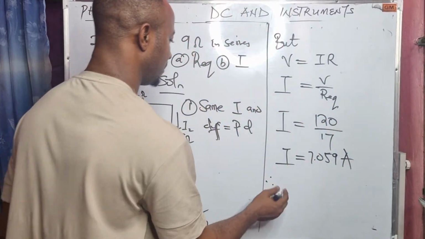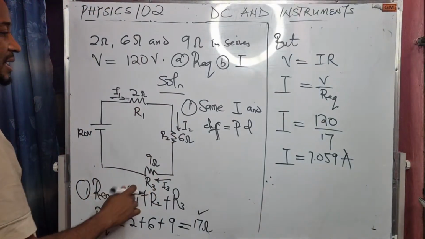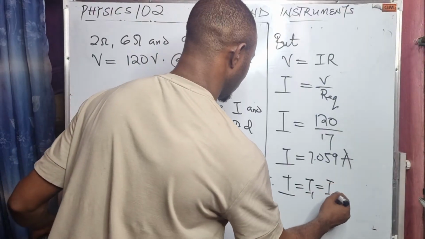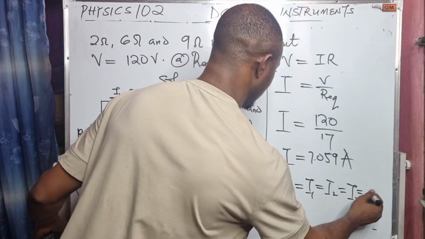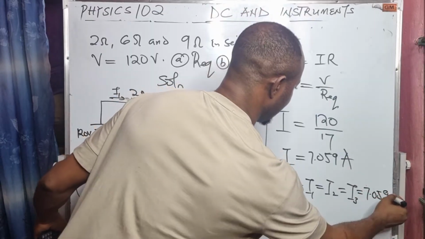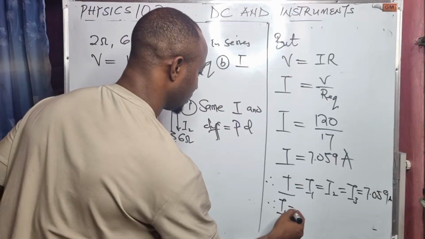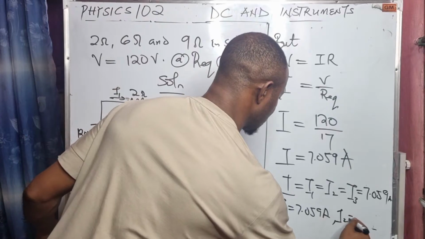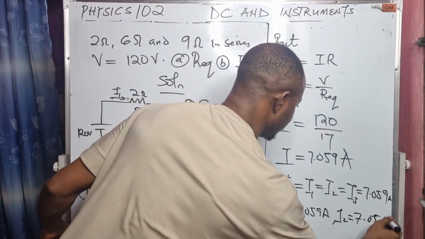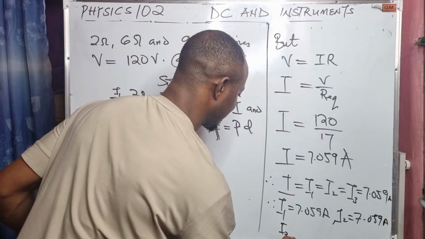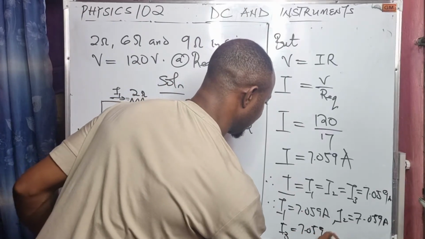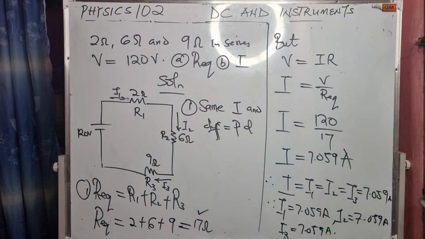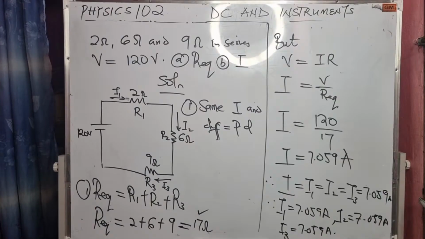Therefore, since R1, R2, R3 are in series, I equals I1 equals I2 equals I3 equals 7.059 ampere. So my I1 is 7.059 ampere. Likewise, I2 is 7.059 ampere. Likewise, I3 is 7.059 ampere. So the same current must flow through each of the resistors. Okay, we have solved that.